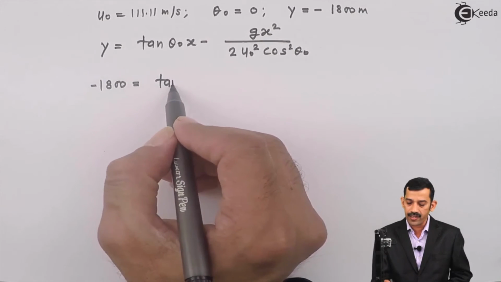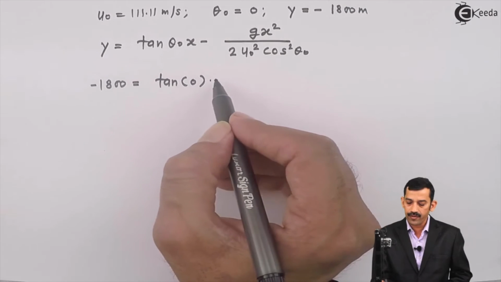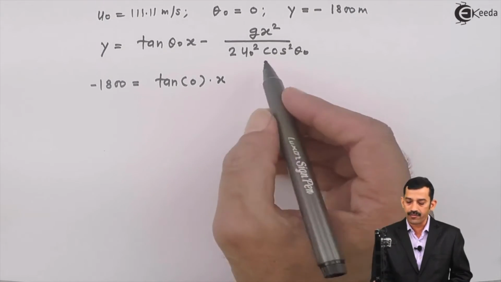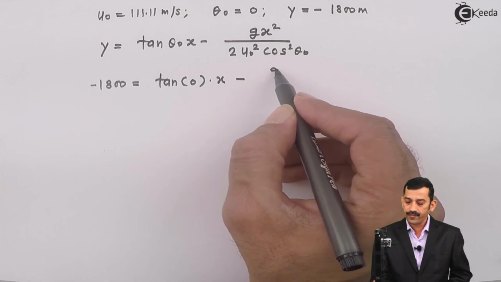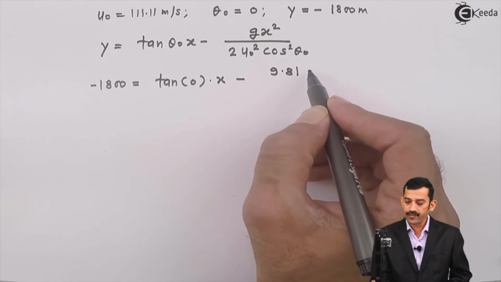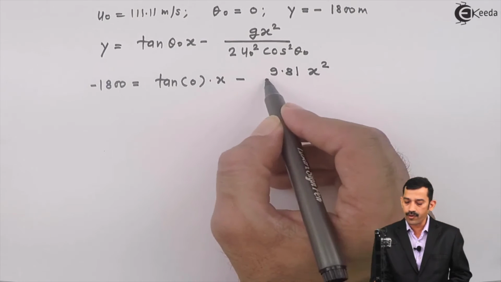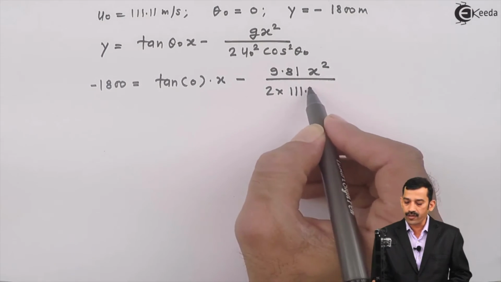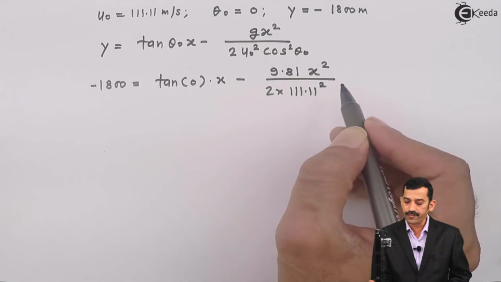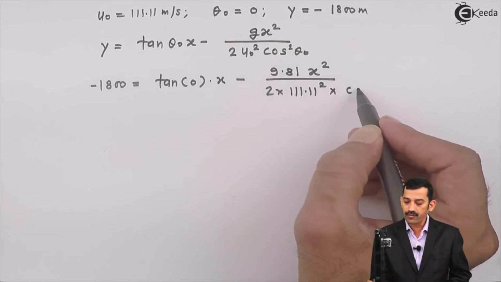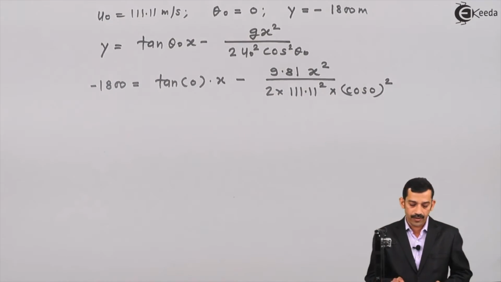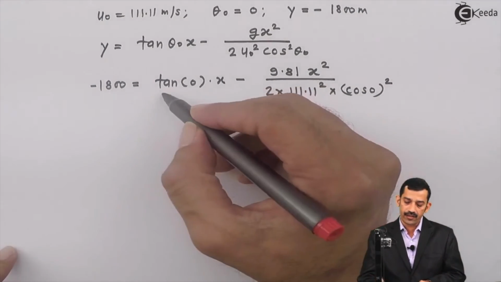That means it is tan of 0 into x. Tan 0 is 0, so this term comes out to be 0, minus 9.81 x square upon 2 into u0 square, 111.11 square, into cos of 0. Cos 0 is 1.